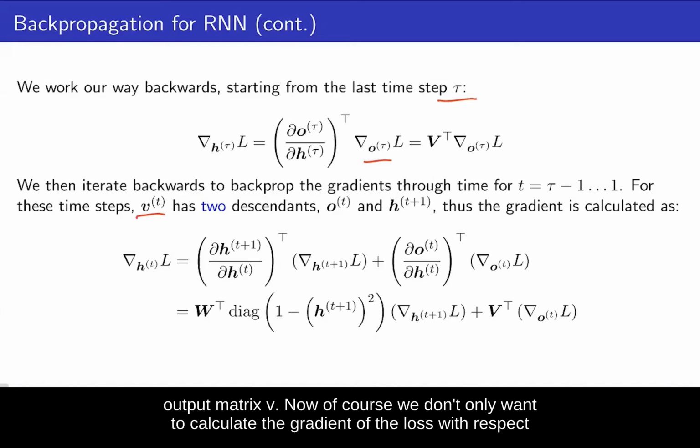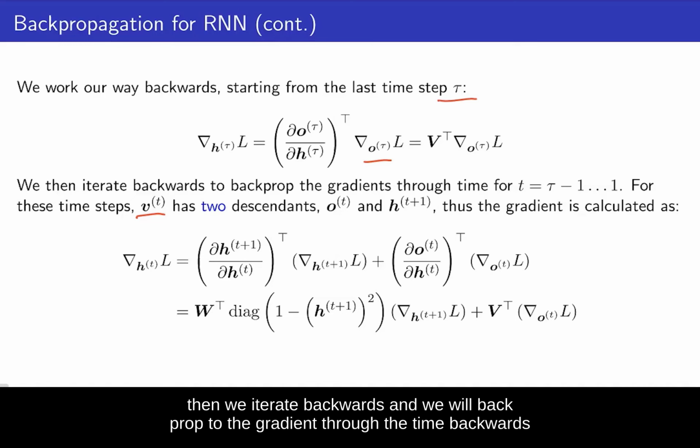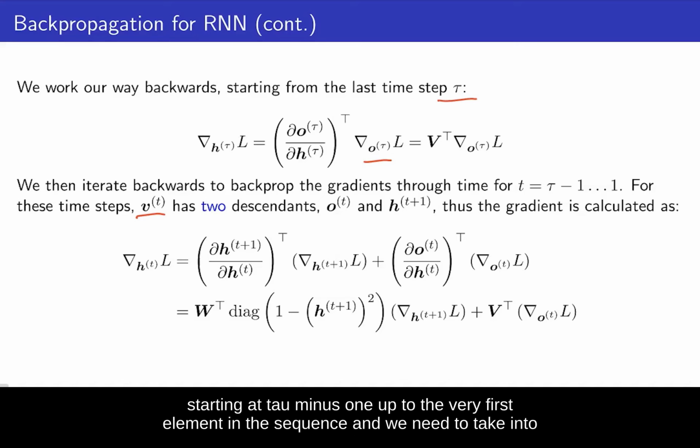Now, of course, we don't only want to calculate the gradient of the loss with respect to the hidden state at the last time step, but we also want to compute that for the whole sequence. So then we iterate backwards and we will backprop the gradient through time, starting at tau minus 1 up to the very first element in the sequence.